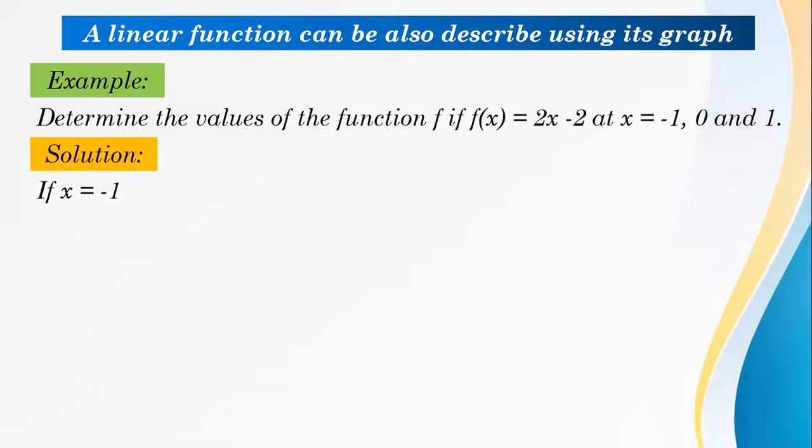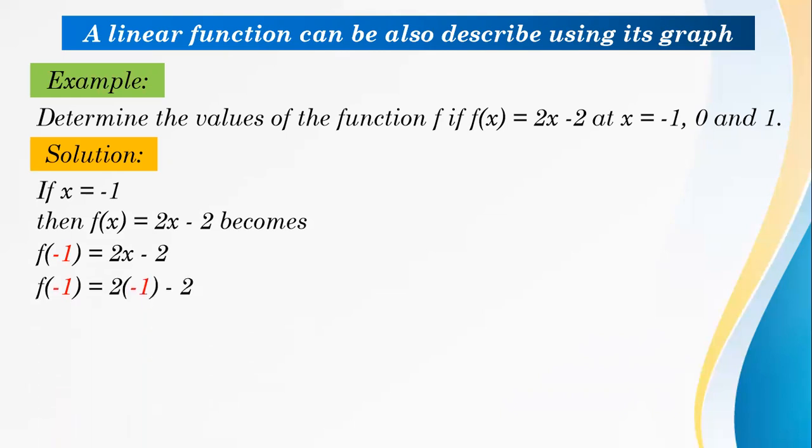If x equals negative 1, then f of x equals 2x minus 2 becomes f of negative 1 equals 2, then change x to negative 1, then minus 2.